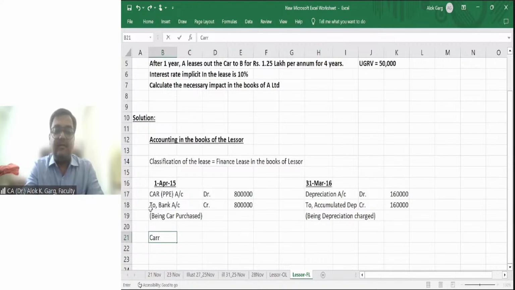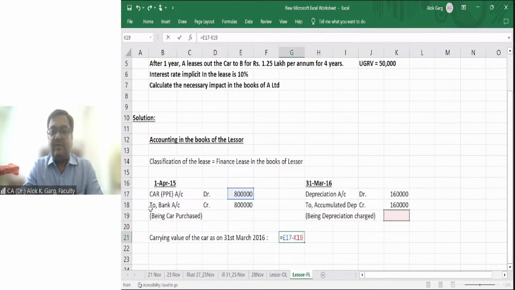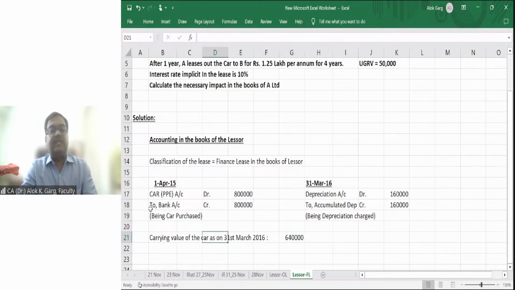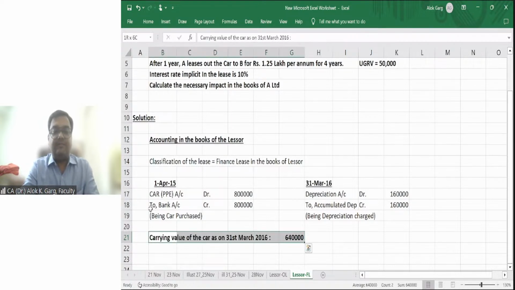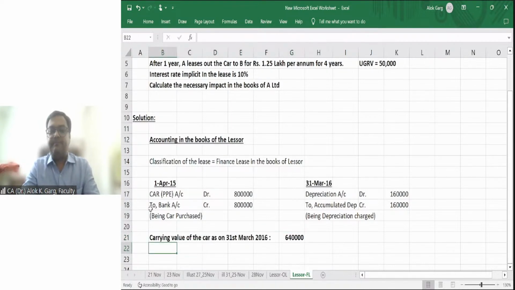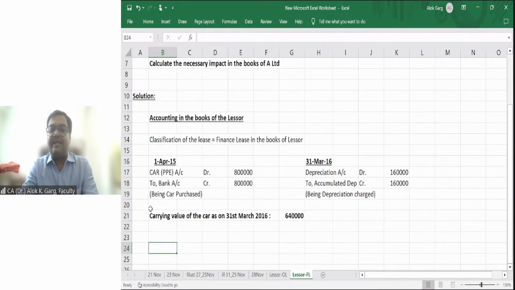What is the carrying value of the car as on 31st March 2016? 8 lakh minus 1,60,000, that is 6,40,000. 6,40,000 is the carrying value of the car. Okay. Clear? I hope it is clear.